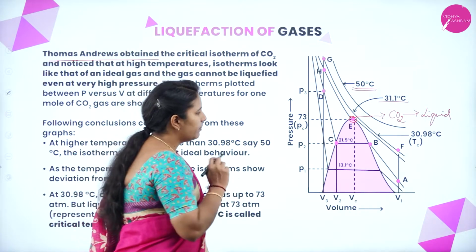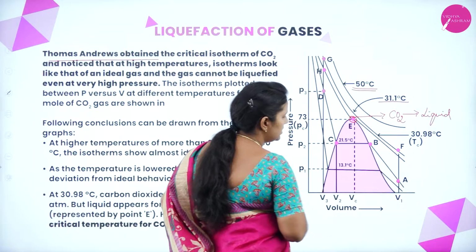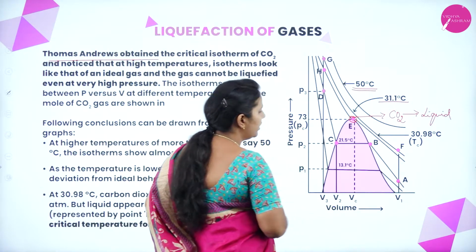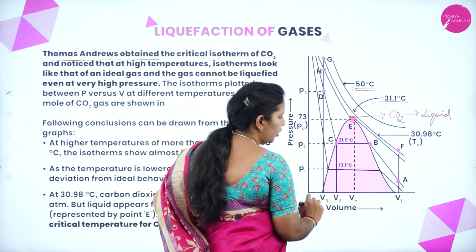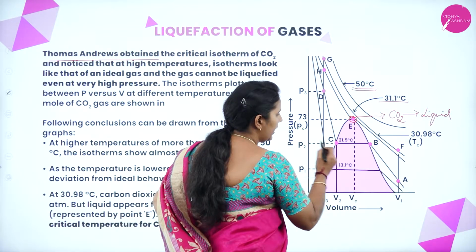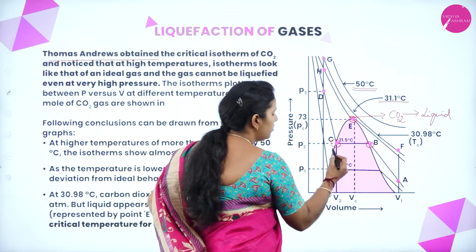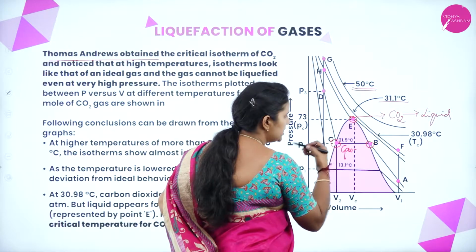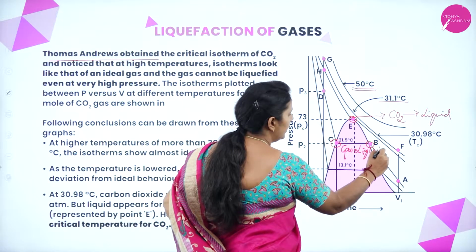By changing the temperature again, he observed this gas at a temperature of 21.5 degrees. As we increase the volume of this gas, it gives a straight line. Again, at a particular point from C to D, almost all the gas molecules start converting into liquid.